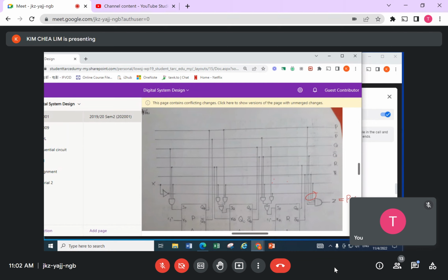This is my X. So I don't check all this first. In the exam, of course, I will check. Now I take it as correct. This is R. KQ is R.